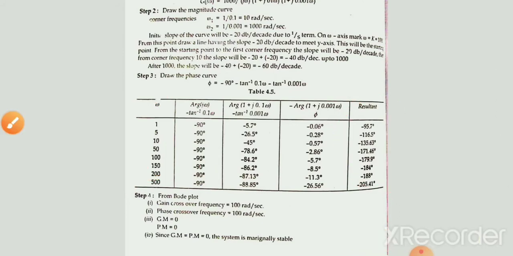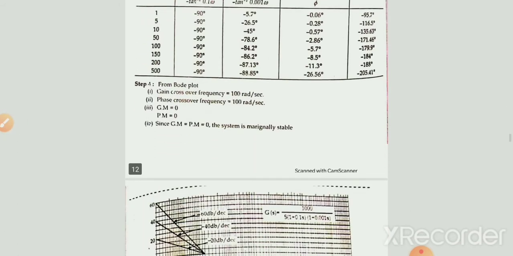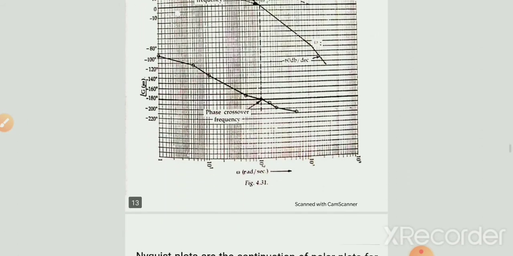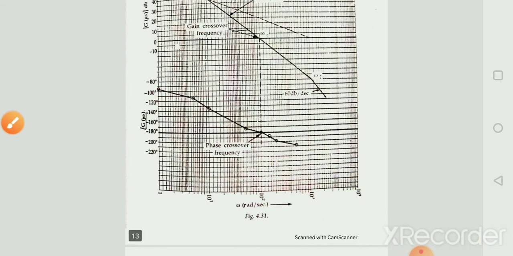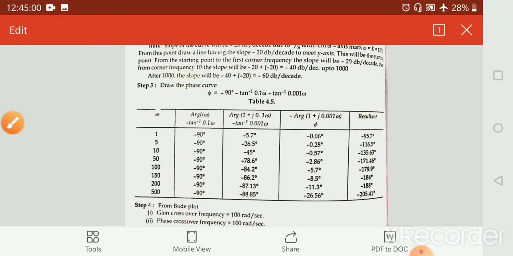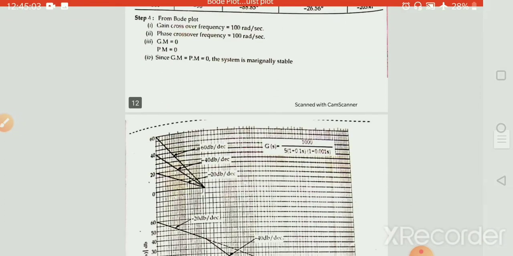So we plot, at first, omega 1 with resultant angle minus 95.7. This 95.7 comes between 100 and 80, so we mark this point. Similarly for 5, it is minus 116.5.